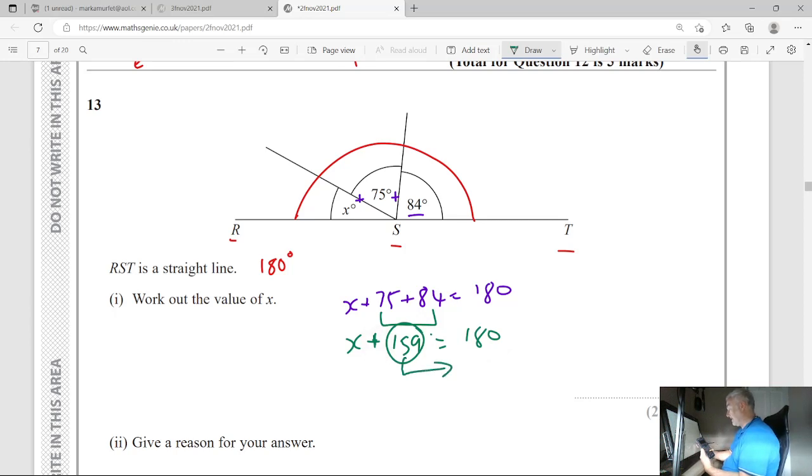It's adding at the minute, so I'm going to subtract it, because if I take away 159, I end up with 0, and I don't have to write it. So x equals 180 take away 159 on the calculator. That's the sum I'm doing, and that's going to give me 21. So x equals 21.